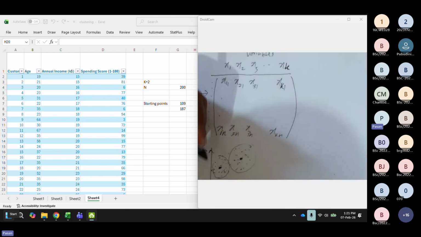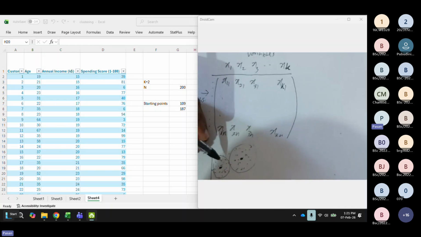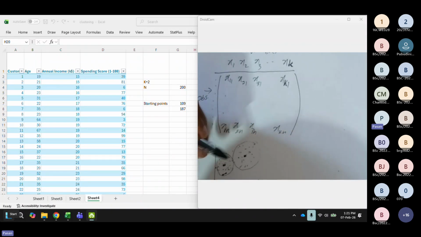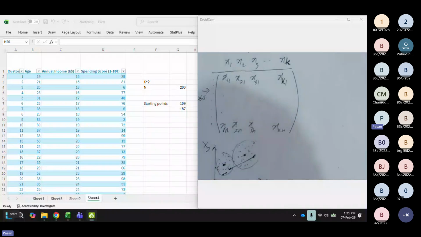Now if you look at two dimensions, if you have only two variables here, then if you take two observations, you can find out how close they are. If you find these two observations, you can see they have a much larger distance.